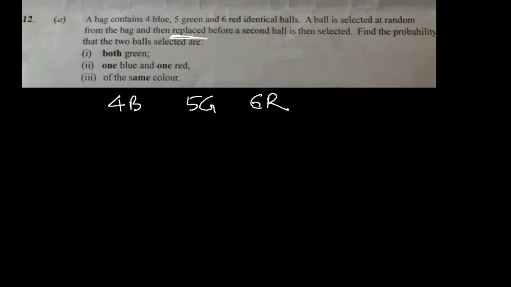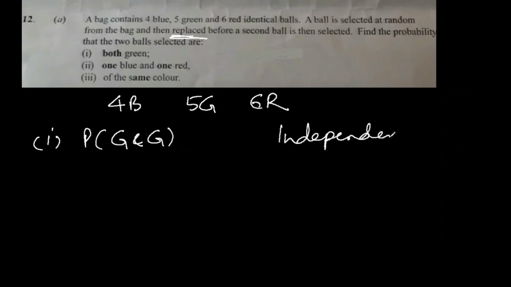So, first part says probability of green and green. Since we are replacing the ball back, that means the probability of the second withdrawal is not dependent on the first withdrawal. So they are independent events. Since they are independent events, we can write this as probability of green multiplied by probability of green.